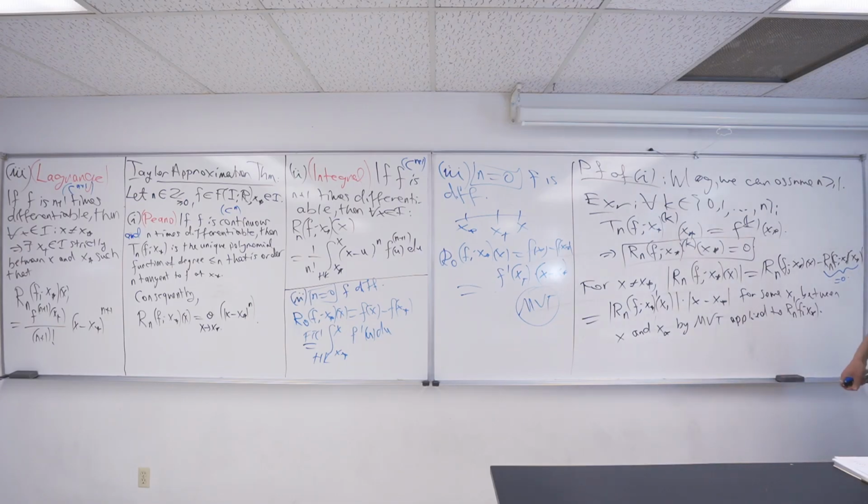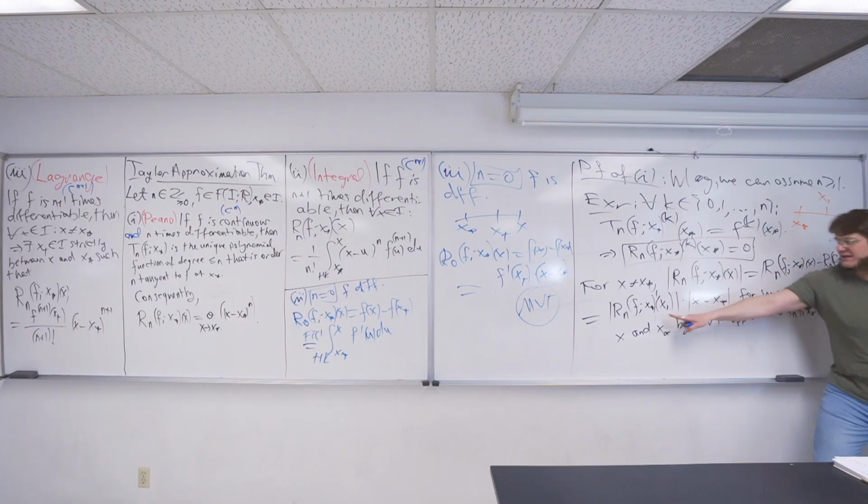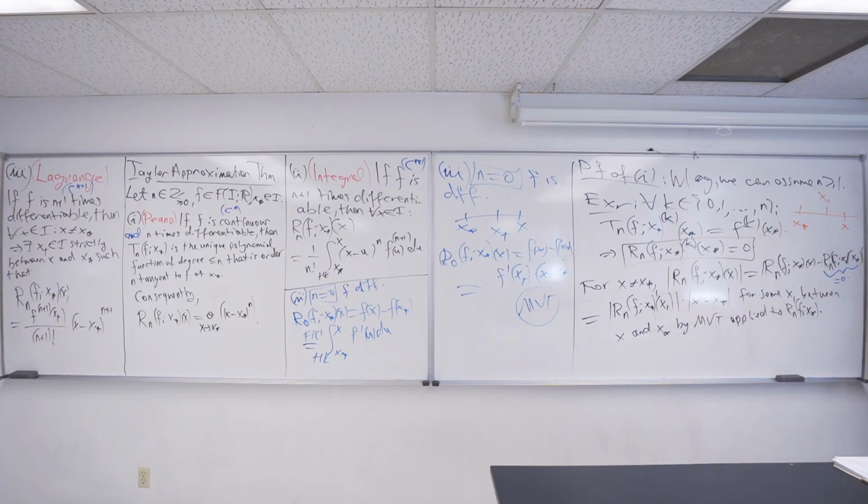So here's the picture. Here's my base point, x star. Here's x. I'm applying mean value theorem to the nth remainder function, which I know to be differentiable many times, between these 2 points in order to obtain some point x1 in between such that the rise over run, so this divided by this, is accounted for by the derivative.